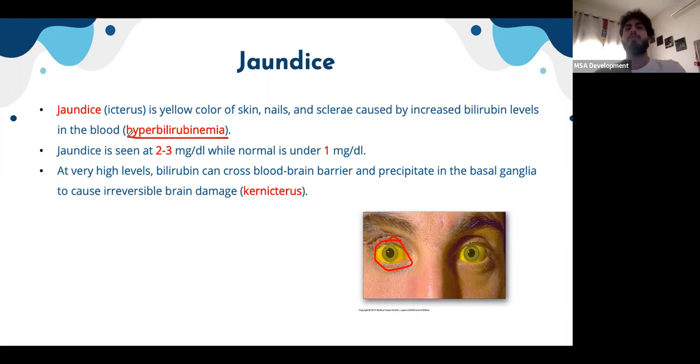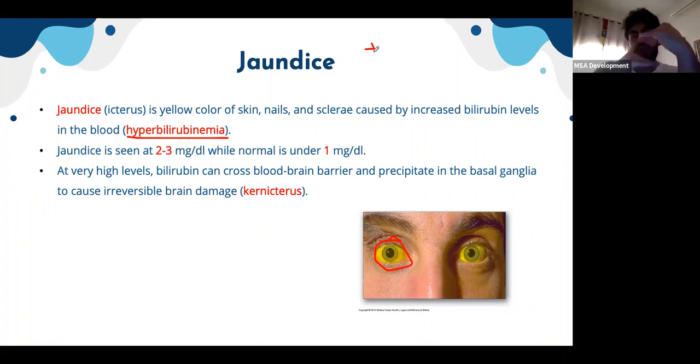If you think about it, when do we get increased bilirubin levels? We get increased bilirubin levels when the enzymes that process bilirubin, whether unconjugated or conjugated, are deficient. We're not being able to excrete it, not being able to get it from unconjugated to conjugated.